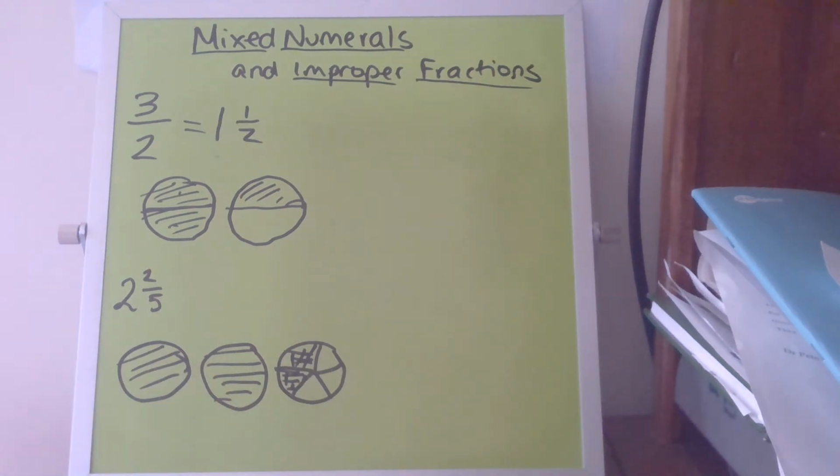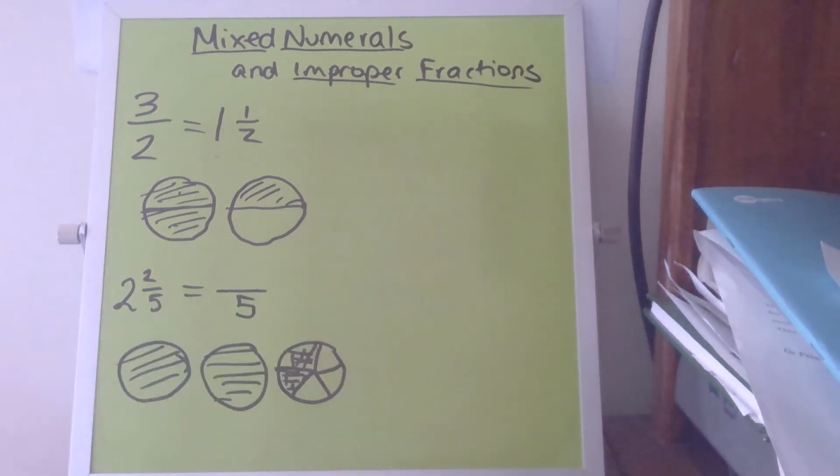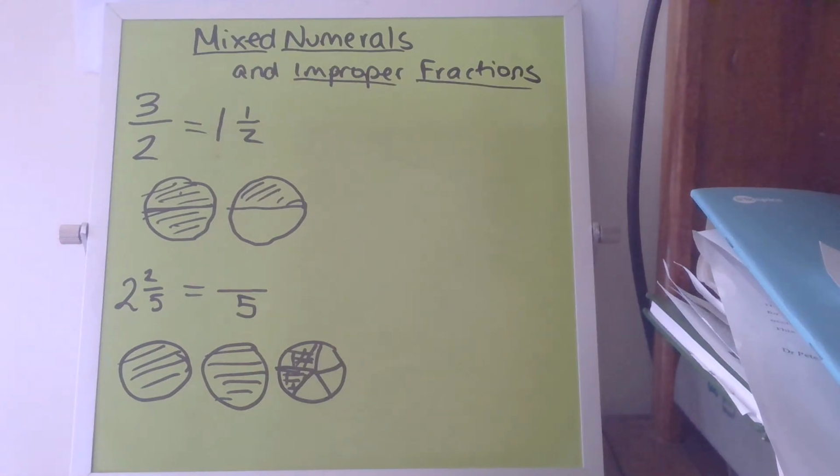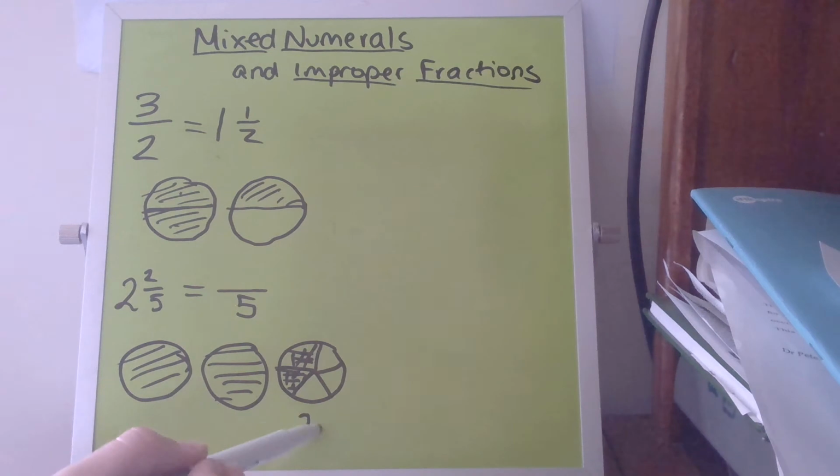2 2/5. Now, if I want to write that as a fraction over 5, I need to work out how many fifths I have. Well, over here I have 2 fifths. What about each of the wholes?